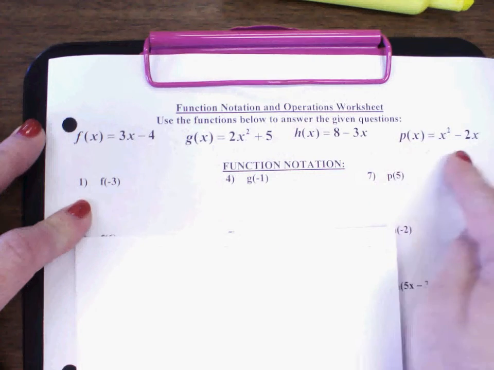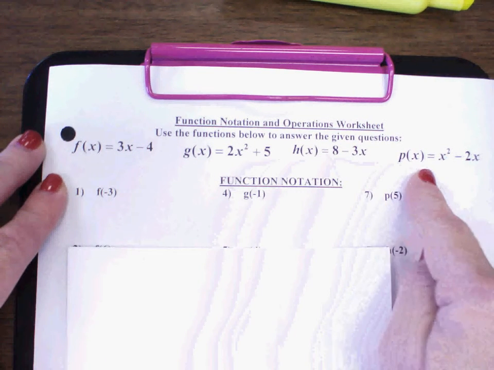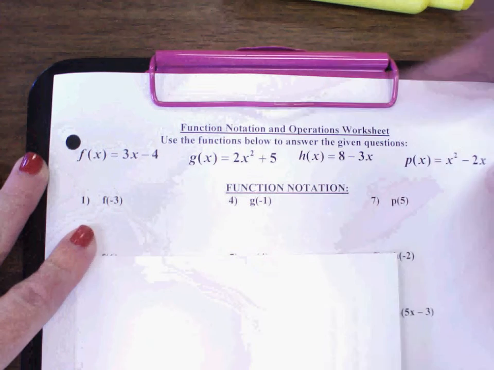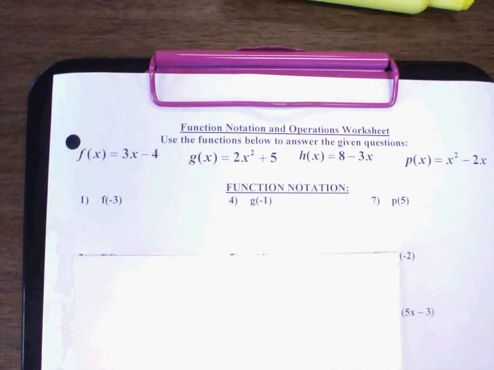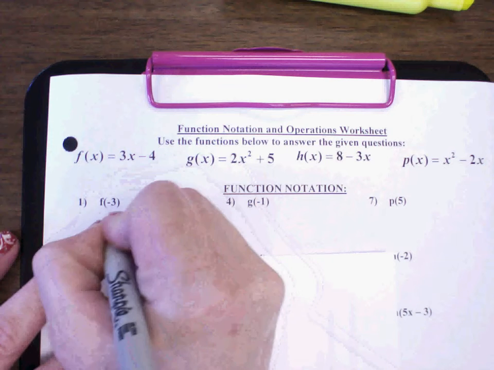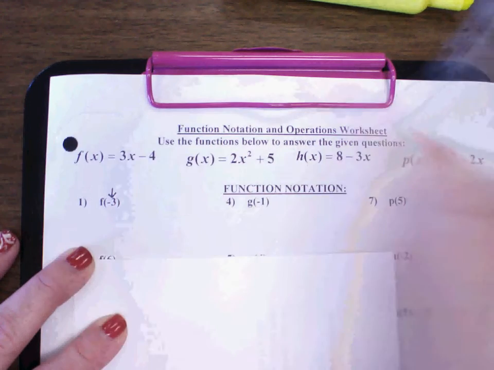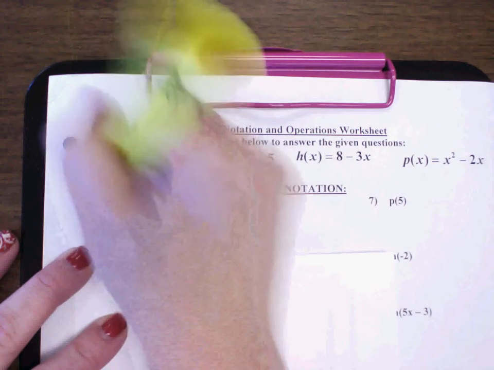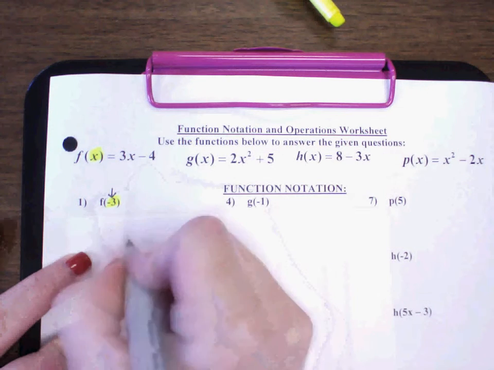Very good. So when I take my function, if I say that f of 3 is 3x minus 4, what I'm going to have to do is every time I see the x, because that's what x is, I'm going to have to plug it in, right?